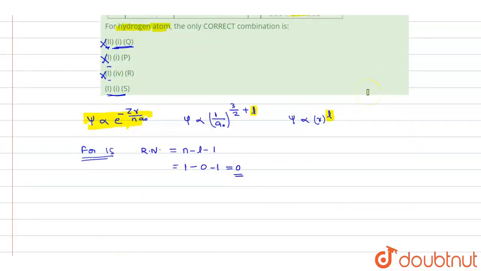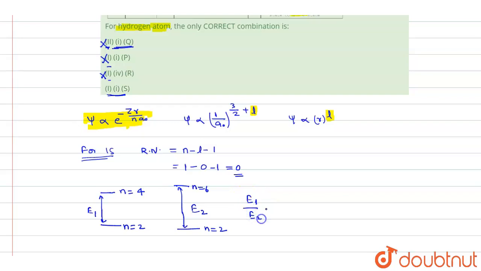So it is saying that an electron is excited from n equal to 2 to n equal to 4, and let's say energy required to excite this electron is E1. Another electron is excited from n equal to 2 to n equal to 6, and let's say energy required for this is E2.